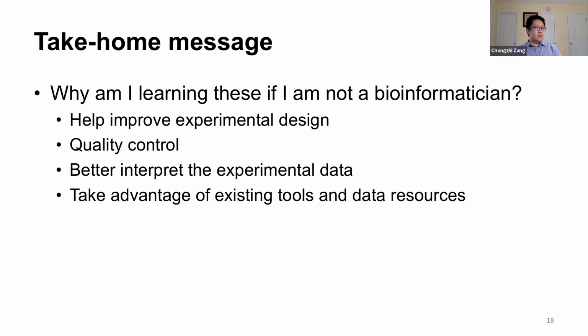And I think I mentioned this many times, that quality control is one of the most important issues we always need to keep in mind about data analysis. I've already gone through many quality control measurements, and they can help you better understand the data and also better understand the experiment.